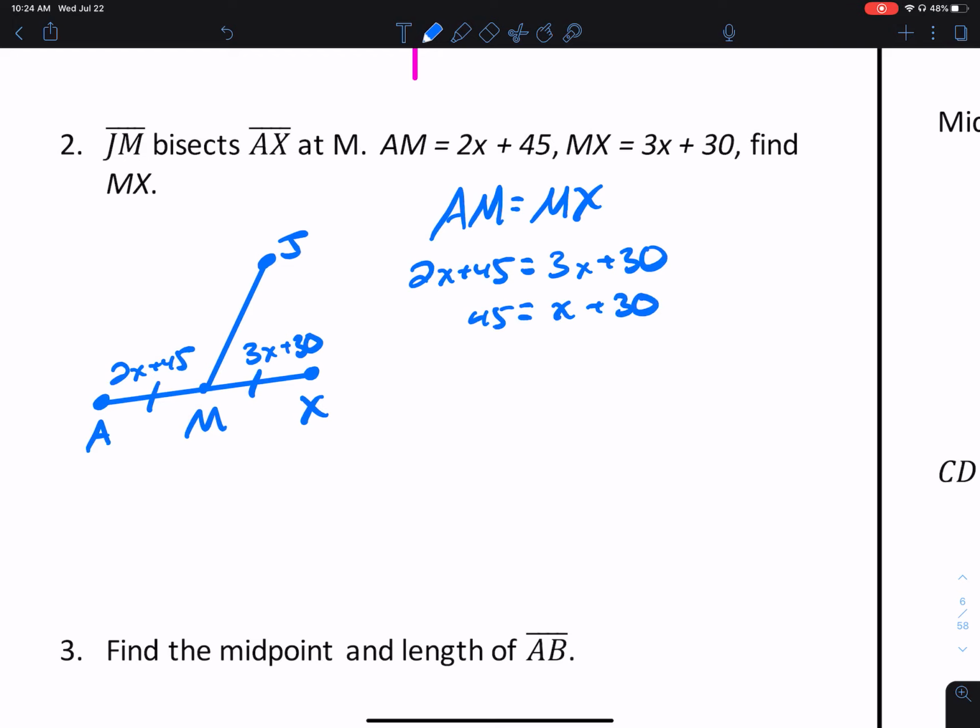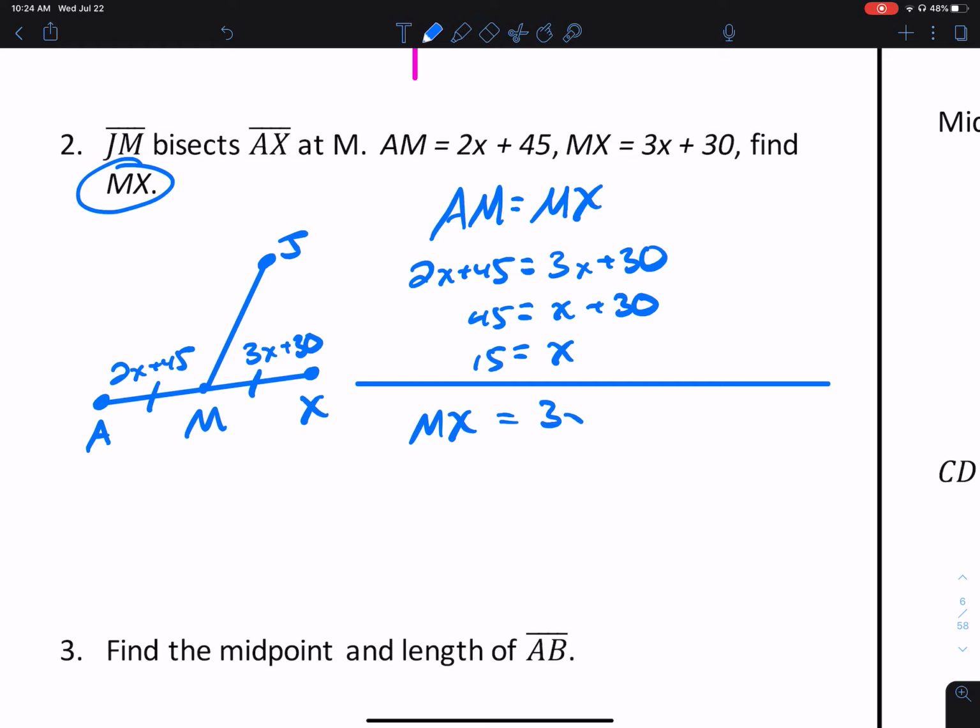Going to subtract 30 from both sides. That's a subtraction property of equality for real numbers. So now we know x is 15. Question doesn't ask for x, it asks for the length of MX. MX, according to our picture, is 3x plus 30. Since we know x is 15, we can substitute it in.